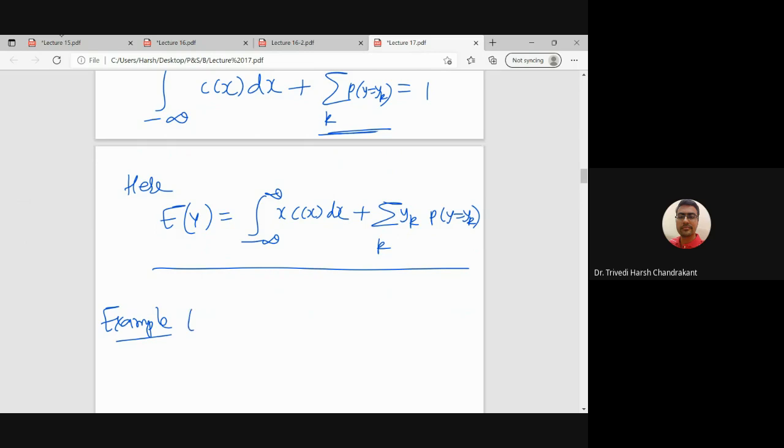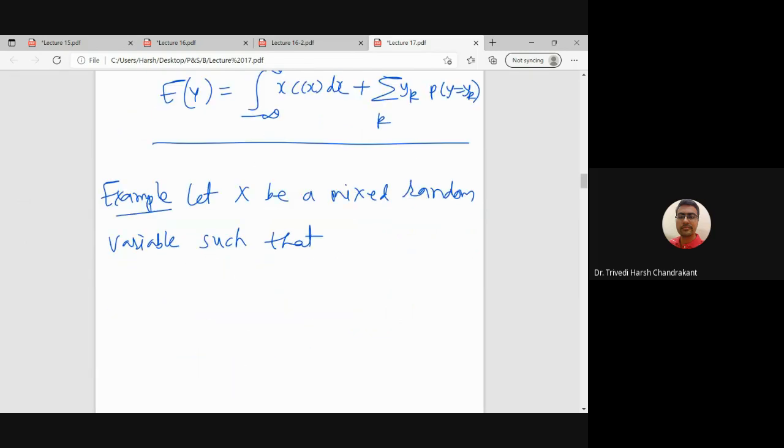Okay. So let us take one example. Let X be a mixed random variable such that its CDF is given to us, that is capital Fx equals 0 over the interval on the negative x-axis.